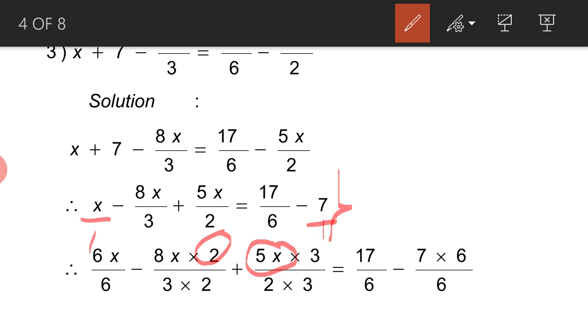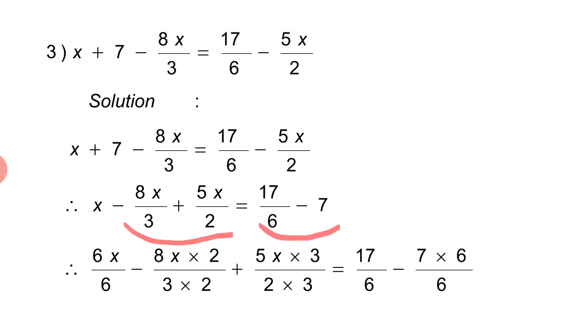So it will be 7 into 6 upon 1 into 6. That I have written directly, that is 42 upon 6. So we have simplified by making the denominator same. Is it clear? So see, LCM of 3, 2 is 6 and LCM of 6 and 1 is 6. Is it okay? So now what will be the next step? It will be 6x upon 6.